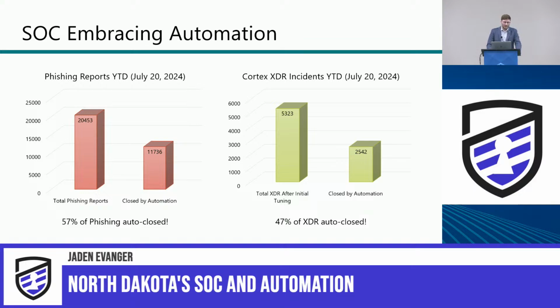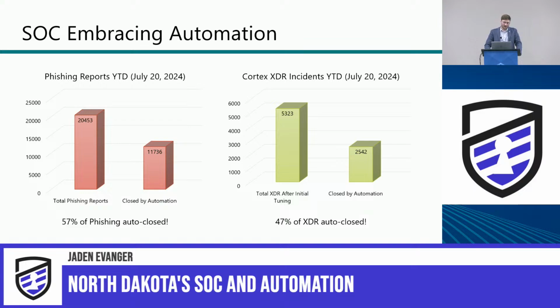In that time, that's like half a year, we got 20,453 reported emails from our end users. And we closed 57% of those completely hands off from analysts. That's quite a reduction of workload.